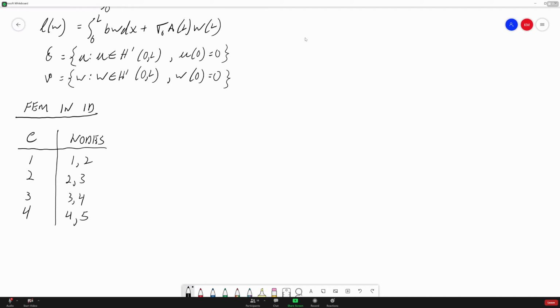And obviously this numbering scheme is in global nodal numbers.